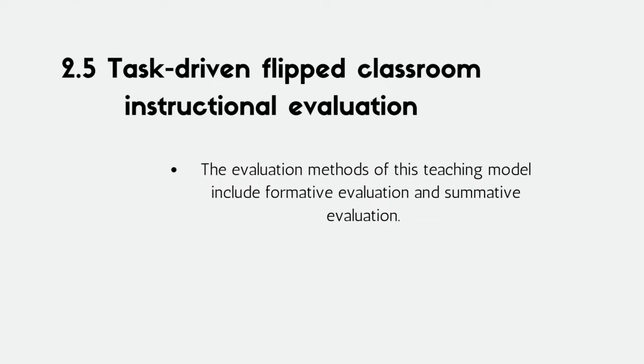Next, the evaluation methods of this teaching mode include formative evaluation and summative evaluation. The formative evaluation refers to an evaluation of the students' learning situation, including the completion of basic tasks, improvement tasks, and open tasks in the rural course teaching.